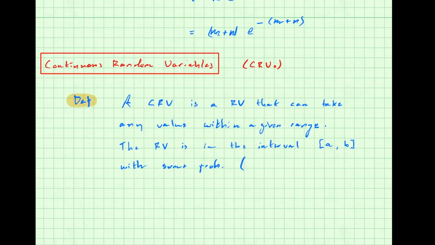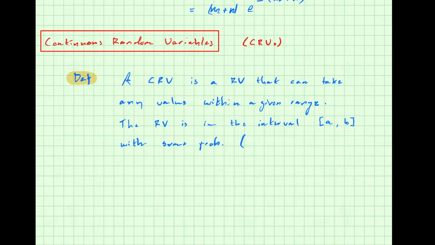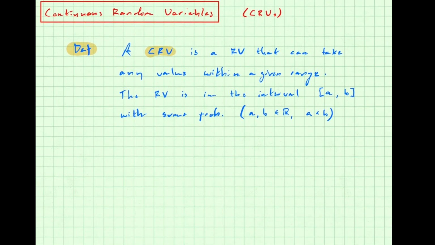I should say I've buried in here that A and B are both real, and A is the smaller one. Okay, and so this is the definition of a continuous random variable. So I'll highlight that's what this thing is. And so we'll try this out.